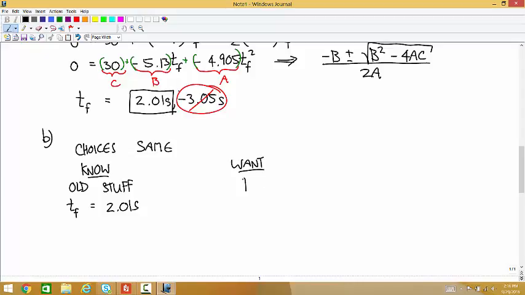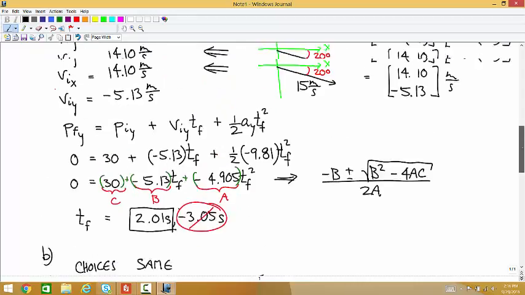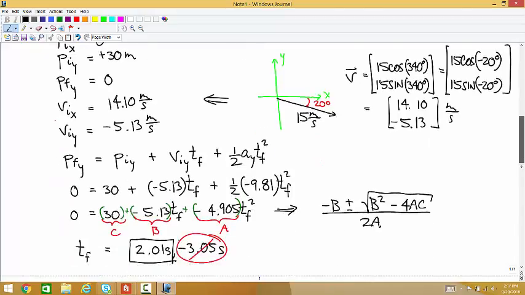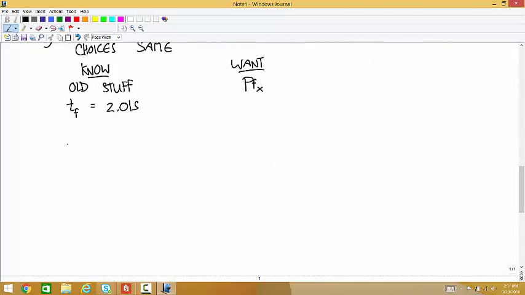And what we're looking for is PFX. Okay, so if you know all this, and you also know TF, and you're trying to find PFX, is there an equation that works with those? The same one, but the x component. So we can use this equation.